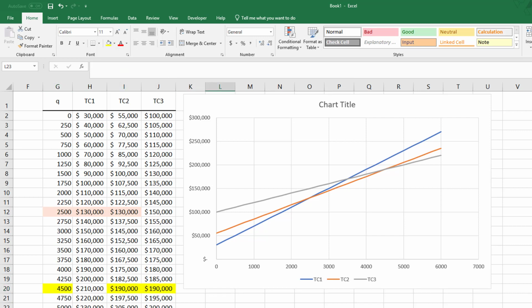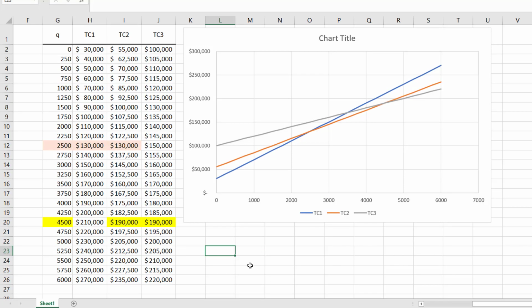Okay, so I can start answering questions now. The first big question I might want to answer is, what if I am producing less than 2,500 units of output? Well, for output less than 2,500, build in Ohio.